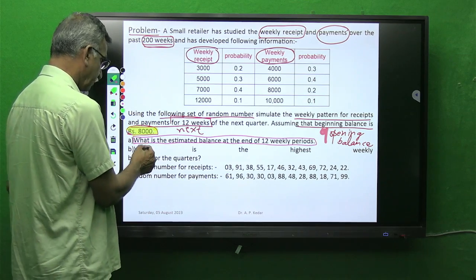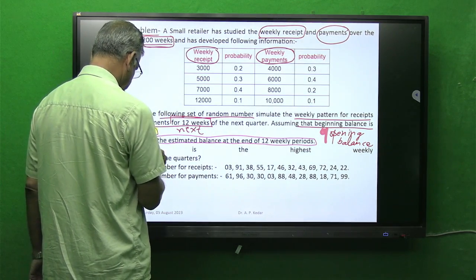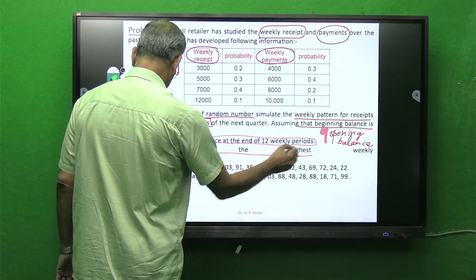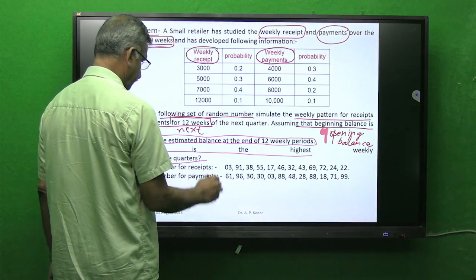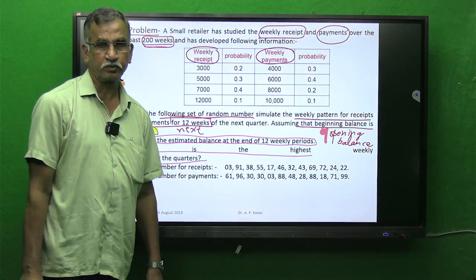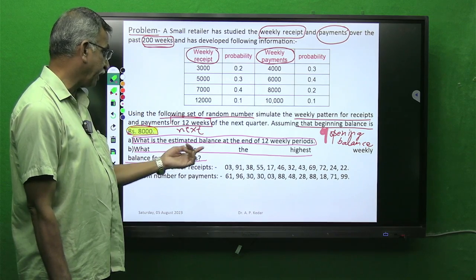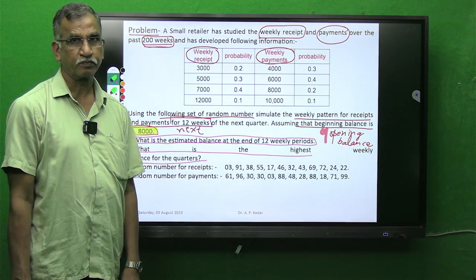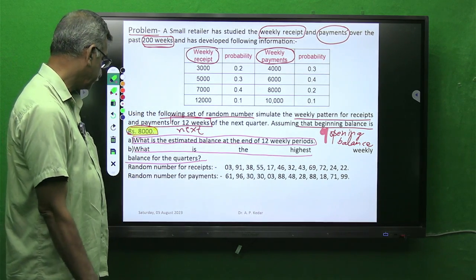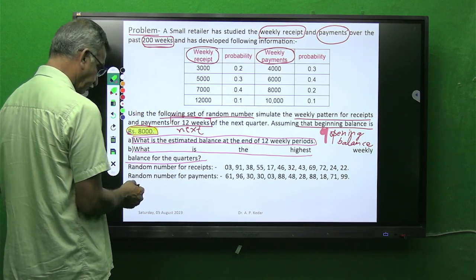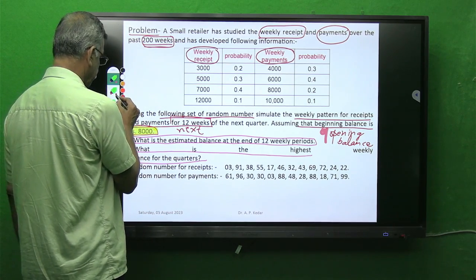Second, what is the highest balance for the quarter? We know quarter is 1/4. So in particular we will see what is the highest weekly balance. Third, what is given? The random numbers to be used.